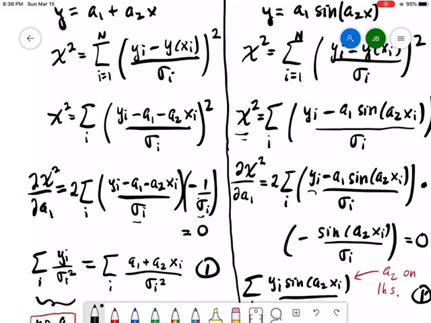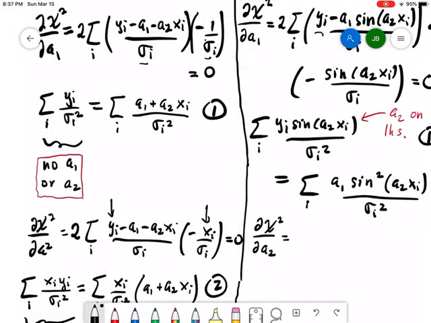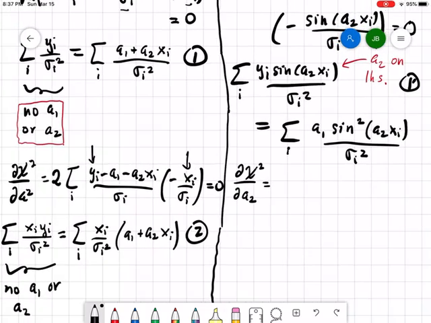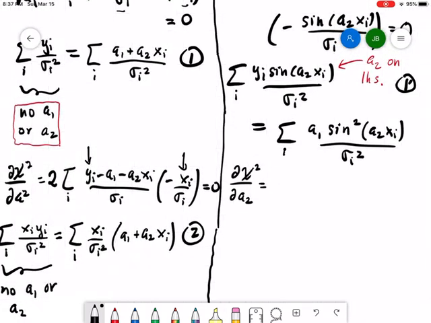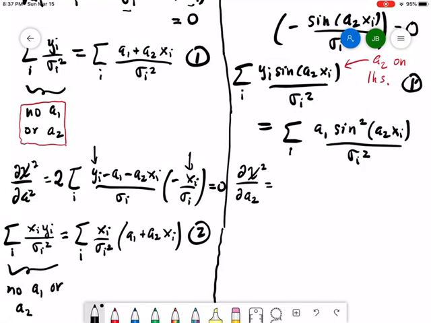When we take the a2 derivative, we're going to end up having to do chain rule, where the sine is going to become a cos, and then we take the derivative of the a2xi inside, and we'll get a factor of x, and it's going to be a little bit messy. But nevertheless, we can just go ahead and try to do that.